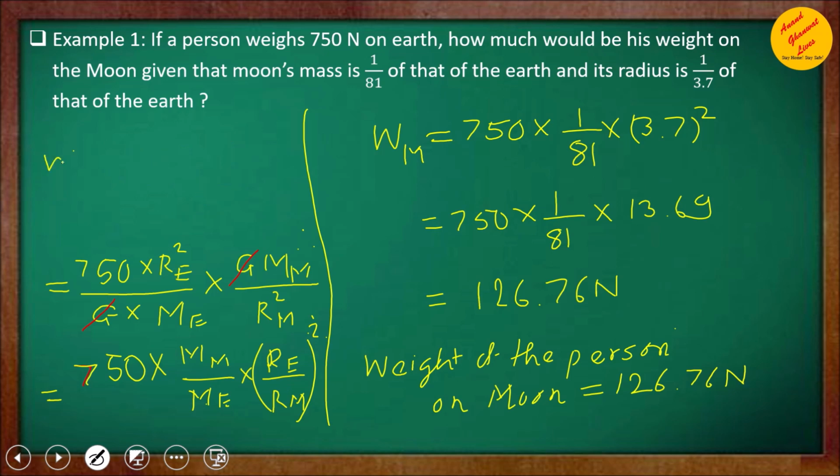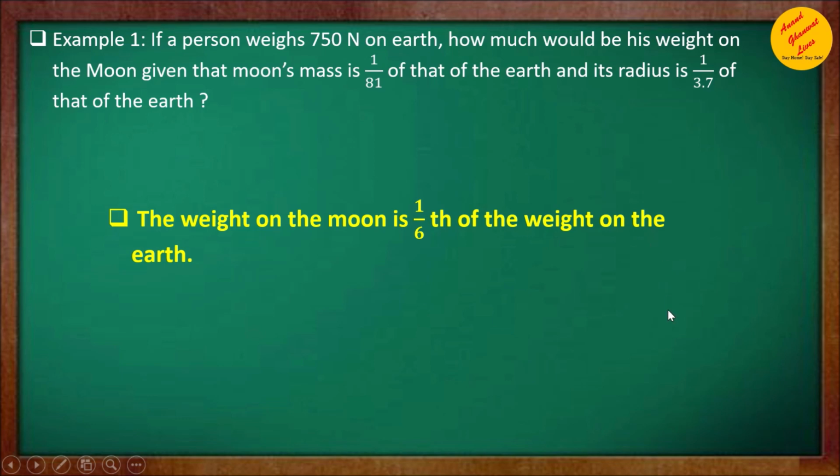Weight on Earth upon weight on the moon is equal to 750 Newton upon 126.76. After calculation, the result is exactly 5.9. This way, the weight on the moon is 1 upon 6th that of the weight on the Earth.